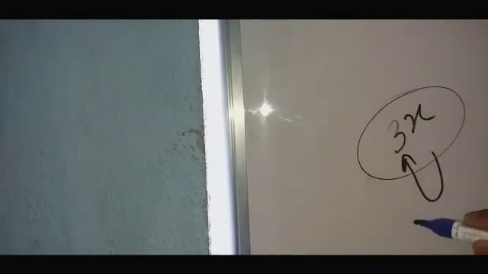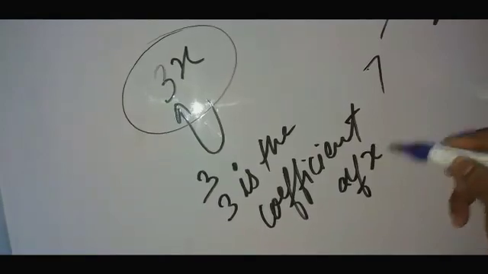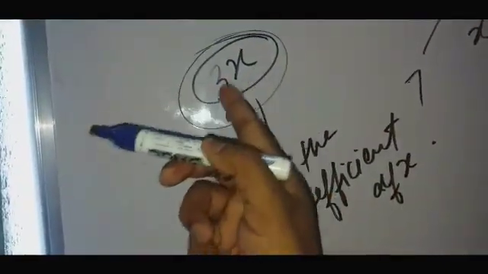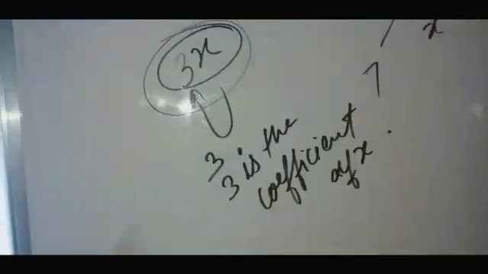Coefficient means which number is multiplied by a given variable. Here 3x is an algebraic expression and x is multiplied by 3, then 3 is the coefficient of x. Understand, students? What is the coefficient of x in these terms? 3 is the coefficient of x because 3 is multiplied by the variable x.